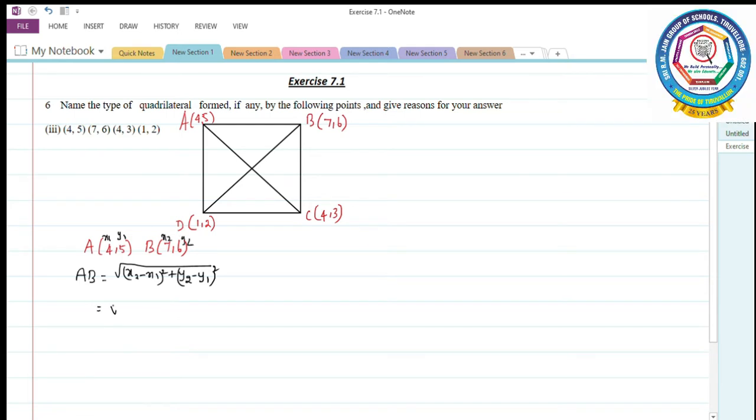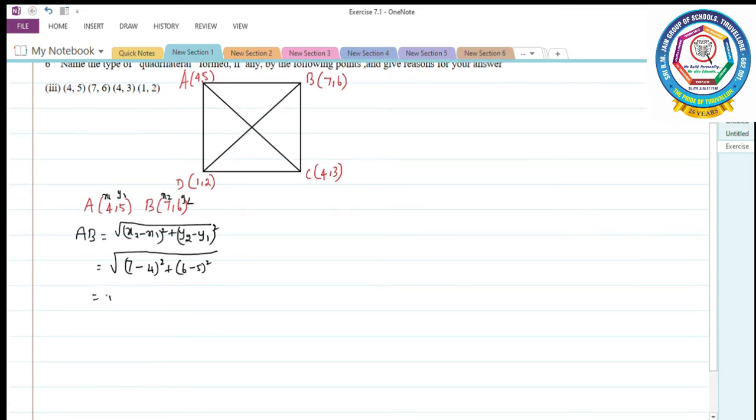Which is equal to square root of (7 minus 4) the whole square plus (6 minus 5) the whole square, which is equal to square root of 3 square plus 1 square. The square of 3 is 9, 1 square is 1. Therefore, square root of 9 plus 1, which is square root of 10.